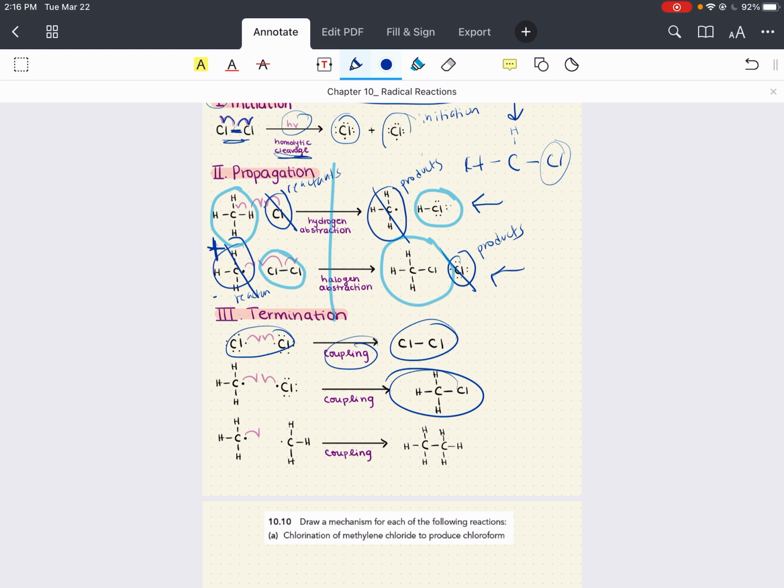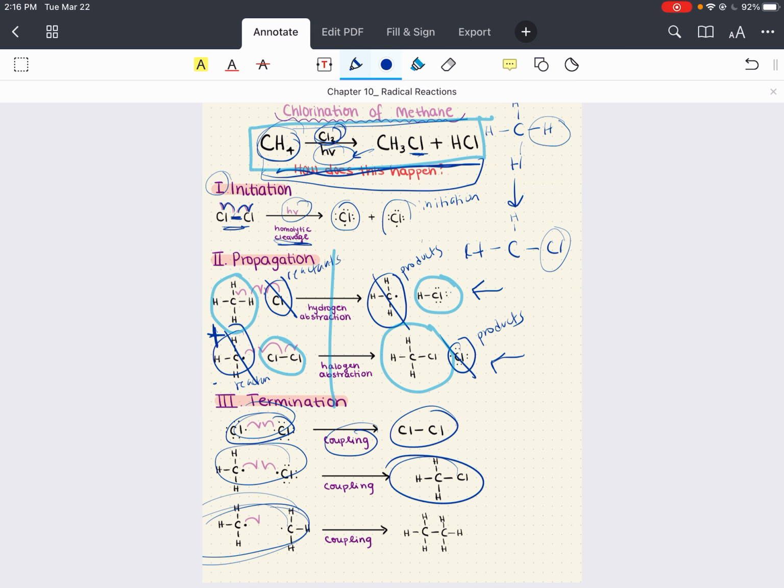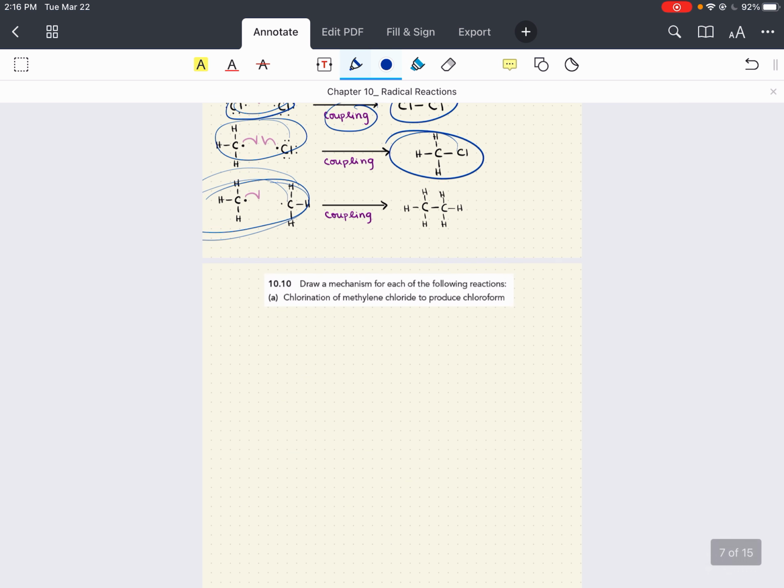And 2 methyl radicals can also couple, destroying them. So your termination step essentially involves destroying radicals through coupling, and they can react in several ways. And this is the radical mechanism for chlorination of methane.